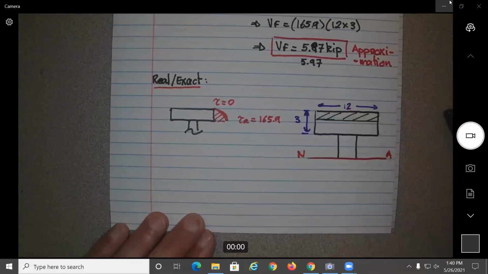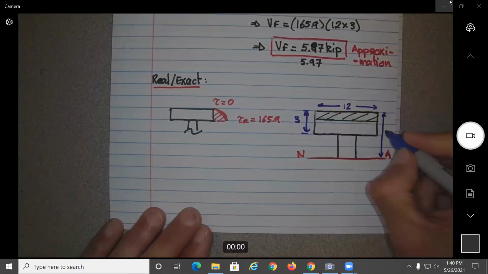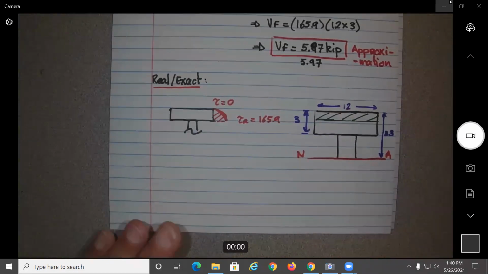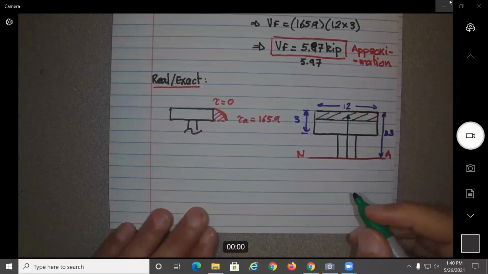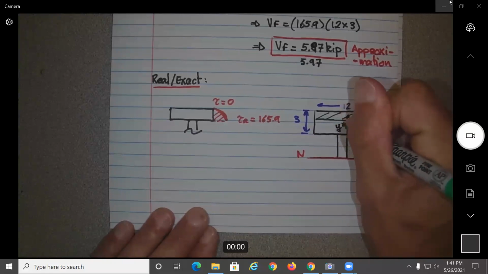This is 3. This is 3.3. And now let's say we just have a general Y star over here.